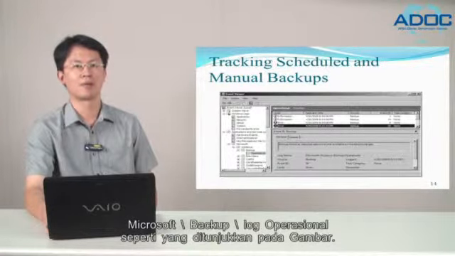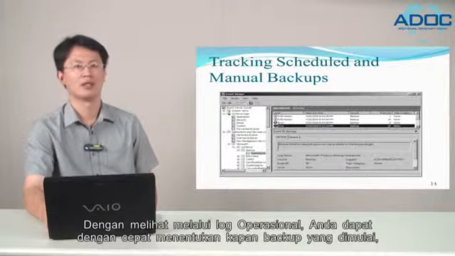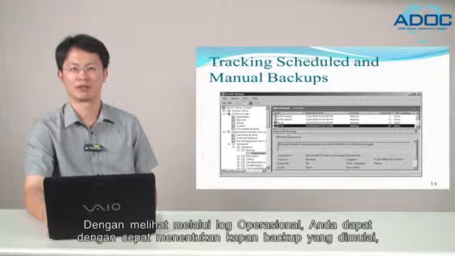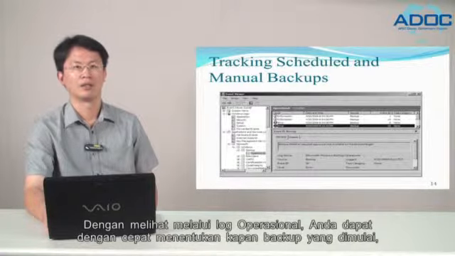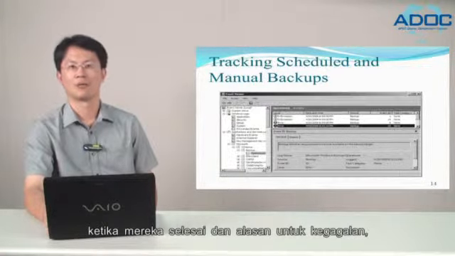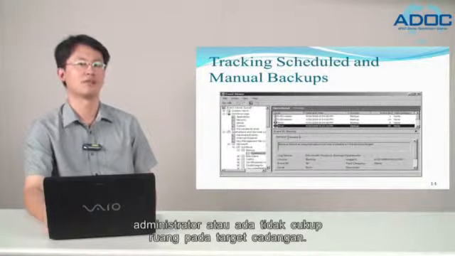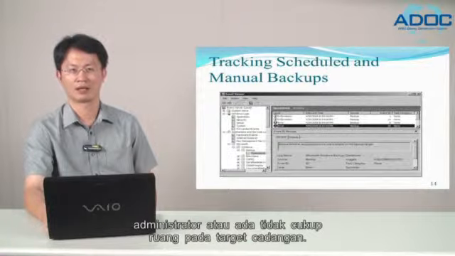By looking through the operational log, you can quickly determine when backups were started, when they were completed, and the reasons for failure, such as when backups were canceled by another administrator or there was not enough space on the backup target.